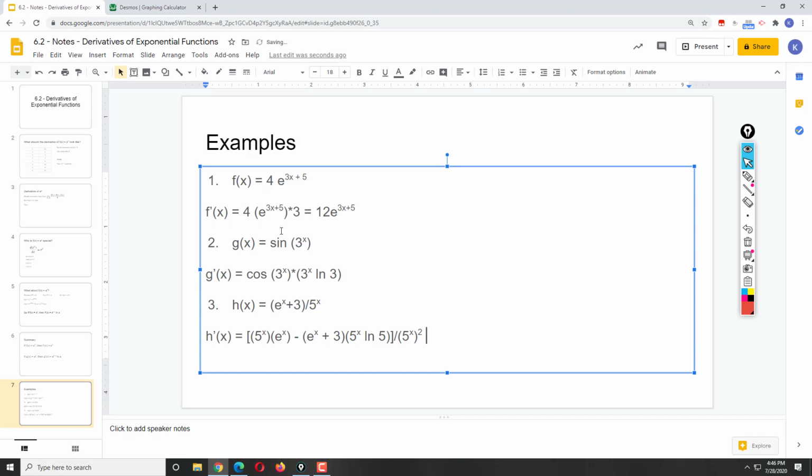So really, the top stays the same. I'm going to copy and paste the same thing. But the bottom, 5 to the x squared, is the same thing as 5 to the 2x power. Okay. That's it.